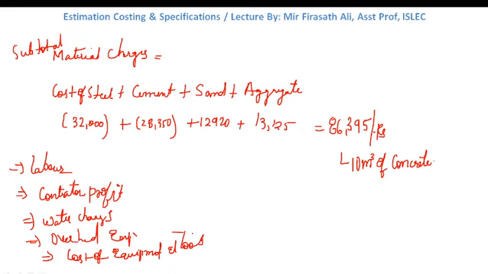So for this value of 86,395, let us include all these things: labor, contractor profit, water charges, overhead expenses, and cost of equipment and tools. Now let us include labor charges.